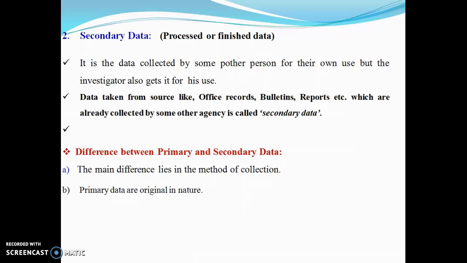Primary data can be elicited in accordance with the objective of a study. Secondary data may fail in these regards. This is the simple difference between primary data and secondary data. But primary data is very important data in research.